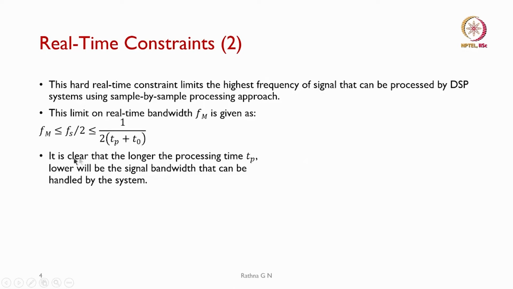So, it says that the longer the processing time TP, the lower will be the signal bandwidth that can be handled by the system, as we can see from this equation.